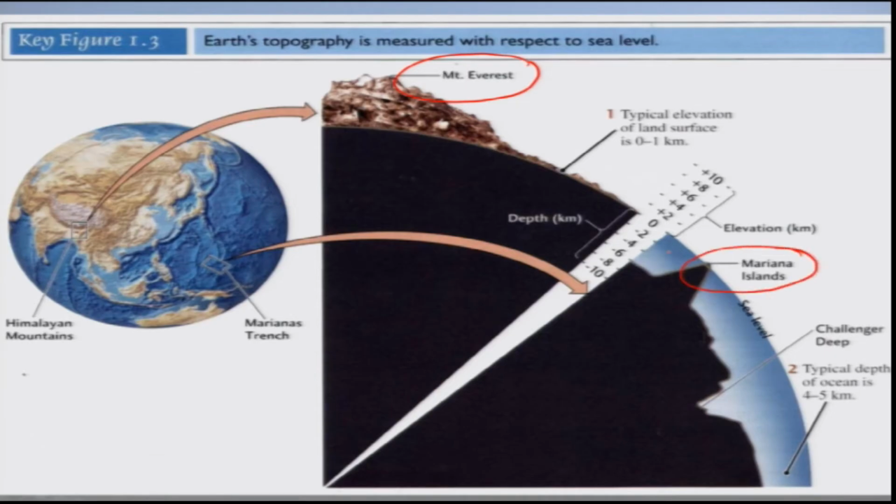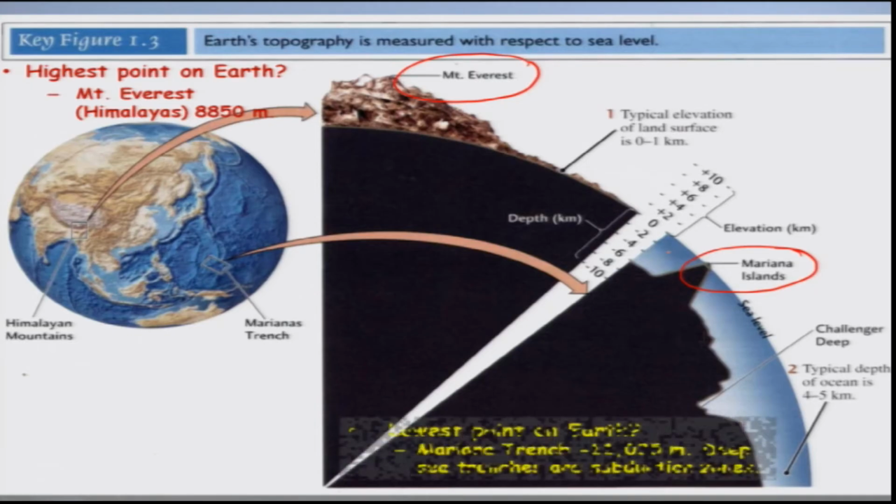The highest point on the Earth's surface is Mount Everest, almost 8,800 meters high, and the lowest point is almost 11,000 meters deep, in the Mariana Trench. It is located here, and Everest, of course, is in the Himalayan region. So, these are the facts about the Earth system.